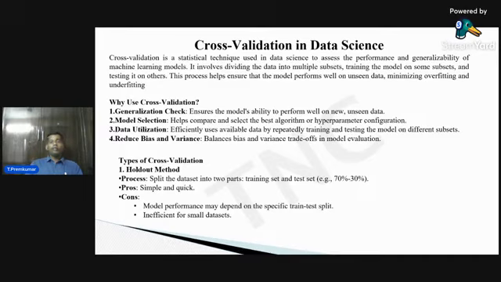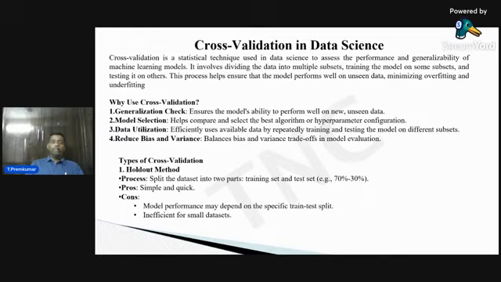Next, we'll see why we use cross validation. A generalization check ensures the model's ability to perform well on new or unseen data. Model selection helps compare and select the best algorithms or hyperparameter configurations.